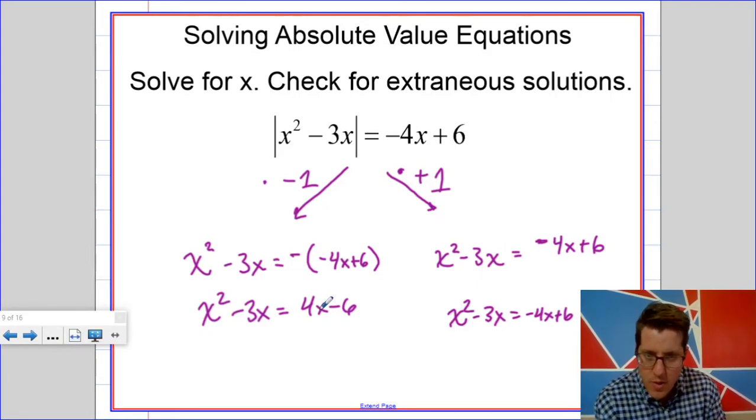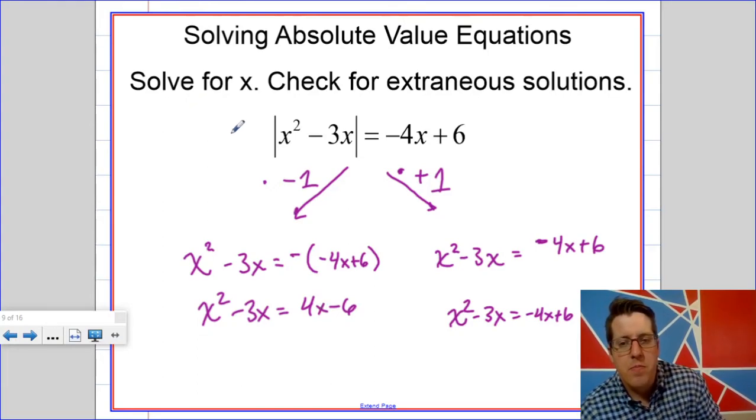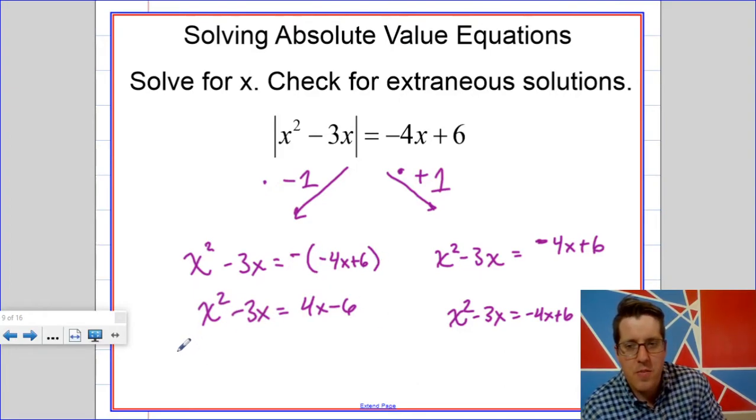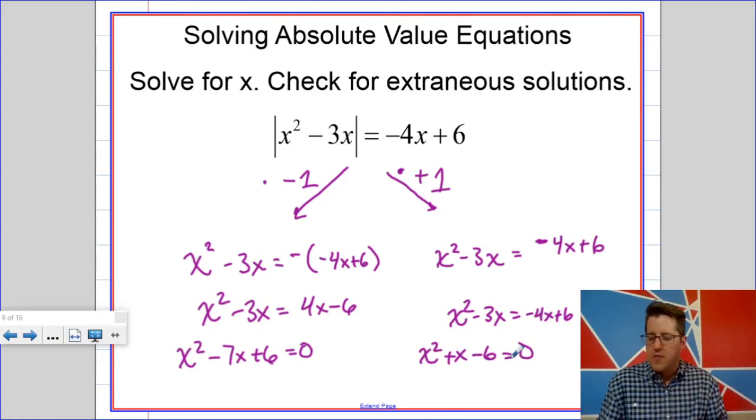We're only concerned about real numbers when it comes to solving these. But you're going to be on the lookout for as many as 4 solutions. So for example, I'm going to get x squared minus 7x plus 6 equals 0. And x squared plus x minus 6 equals 0. Let's go ahead and solve those.